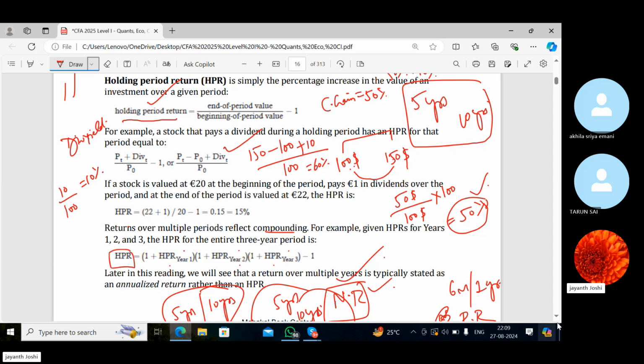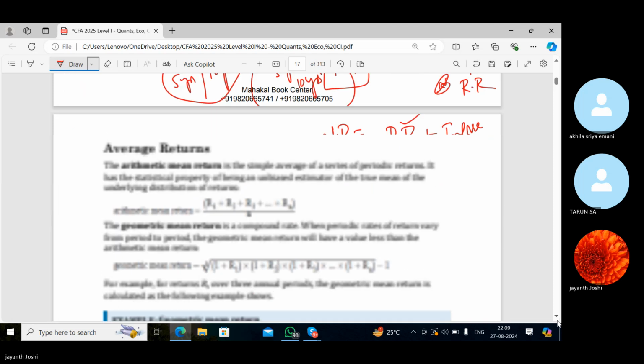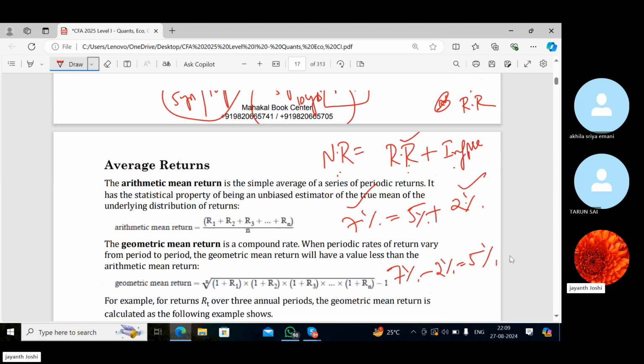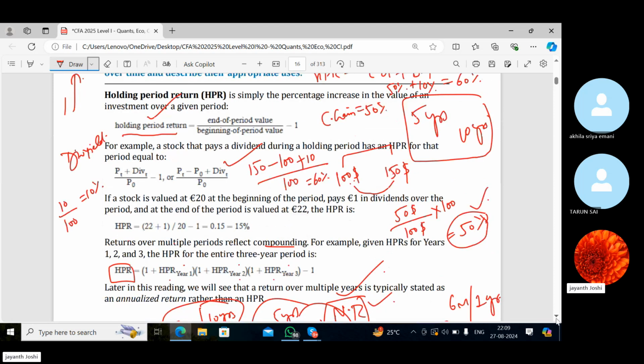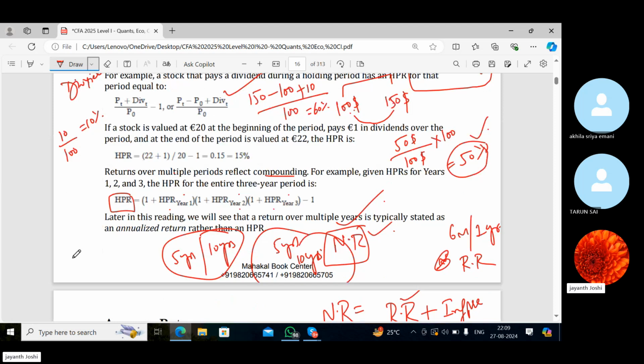They haven't given any example. Let's say you are expecting some returns in the first year, 1 plus 0.10. Some returns of 20% in the second year, 1 plus 0.20. And some returns of 15% in the third year, 1 plus 0.15. Then minus 1. So what is your holding period return for 3 years going to be? We'll calculate.